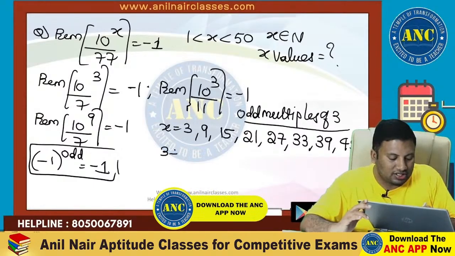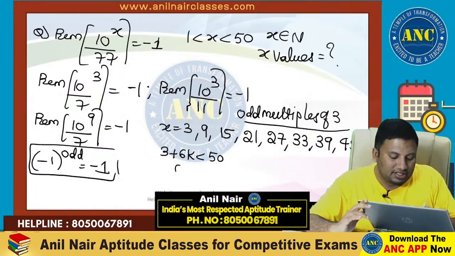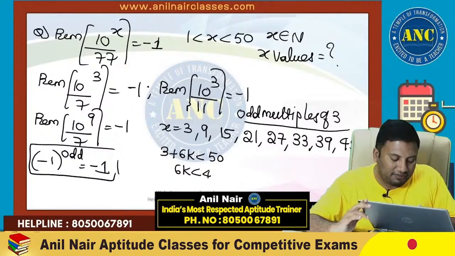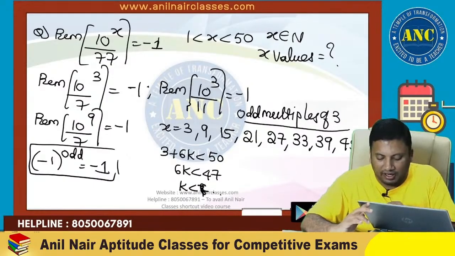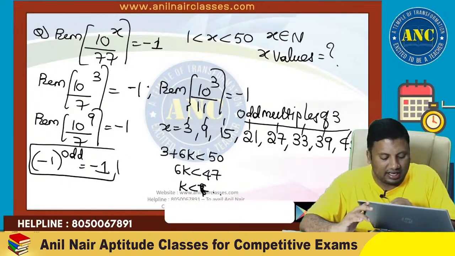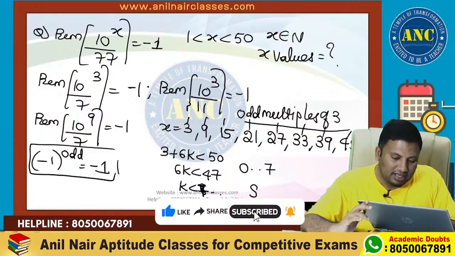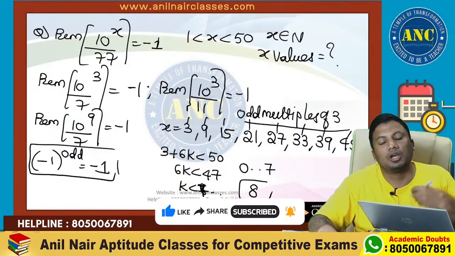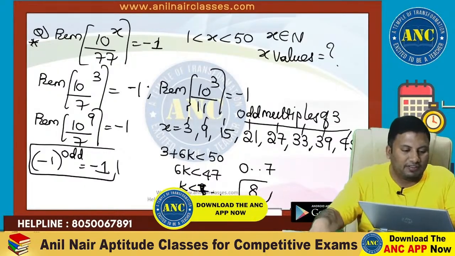So 3 plus 6k is less than 50, 6k is less than 47, so k is less than 7 point something. So k is 0 to 7. x will take 8 values. Only if you know this concept can you solve this question very, very fast.